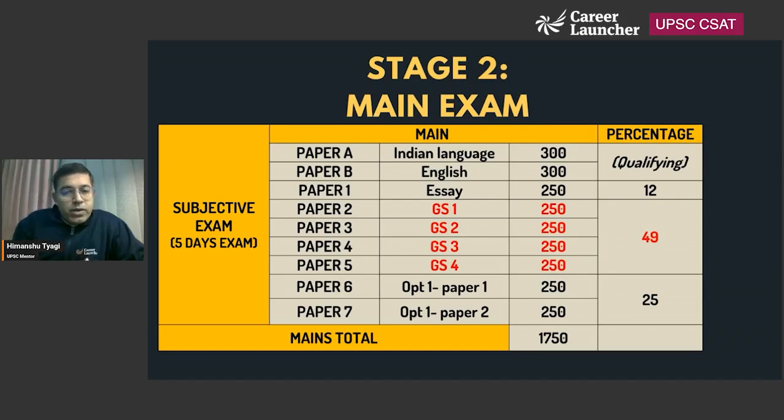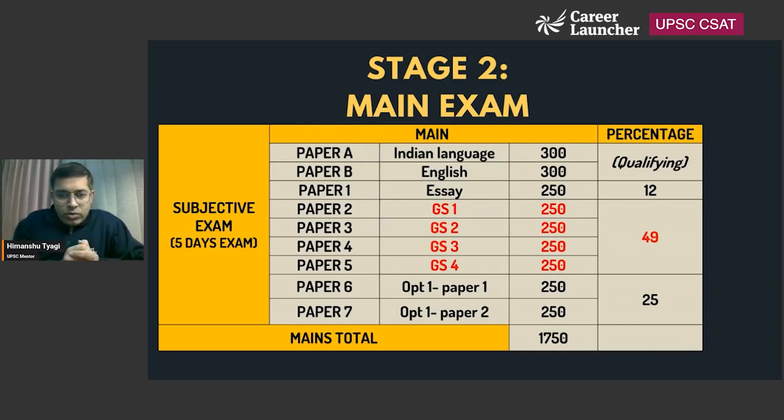Now, one thing to note here is that for these 7 papers, there's a minimum cutoff mark also. That means even if you have scored the total cutoff out of 1750, still if you fail to score, let's say, 10% of marks in any of these papers.